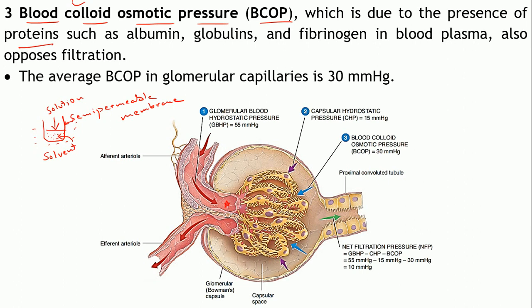The solutes which are present will exert a colloid osmotic pressure. They will try to pull the solvent. The process where only the solvent moves is known as osmosis, which you all must have studied in your physical pharmaceutics.